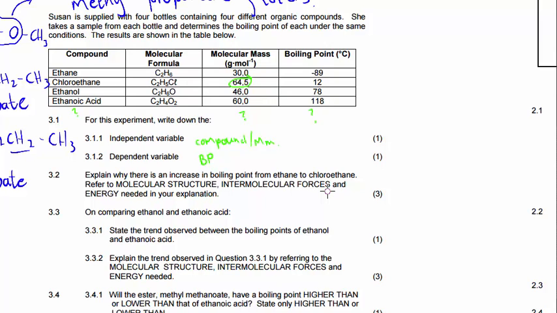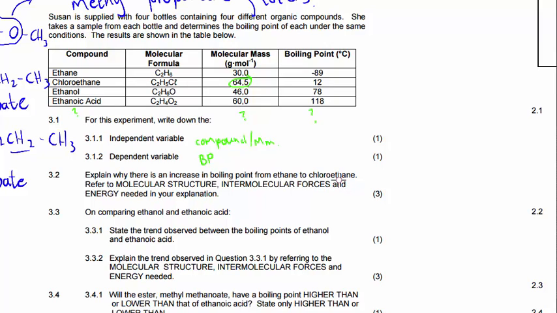Because the electronegativity of chlorine is high. Yes. Chlorine has a high electronegativity. And so not just is it a high electronegativity, but it also is a large molecule. So there's two types of forces working here. So the intermolecular forces are increased.